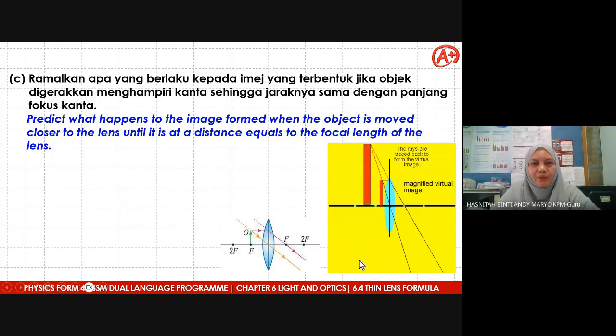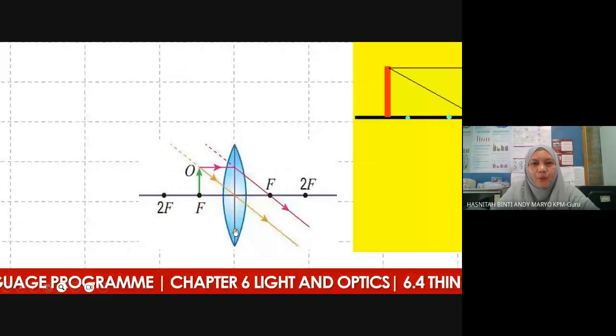The question asks you to predict what happens to the image formed. This will be the image formed when U equals F, which is at 12 centimeter from the lens. This is the ray diagram, drawn according to the rules.